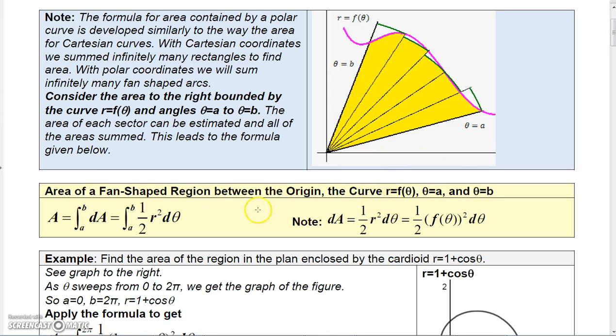To find that area, we would use this formula, 1/2 r squared d theta from A to B. So basically we just have to integrate from theta equal A to theta equal B, 1/2 r squared d theta. Now remember, r is f of theta. And just a note here, the dA for area is 1/2 r squared d theta, which is the same as 1/2 f of theta squared d theta.